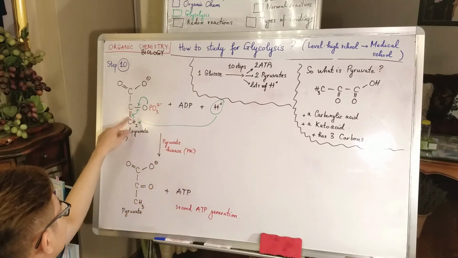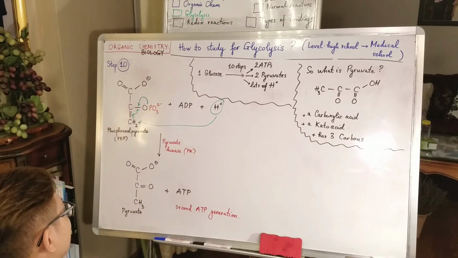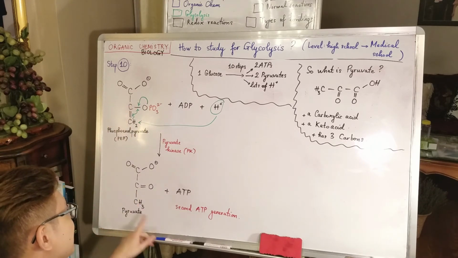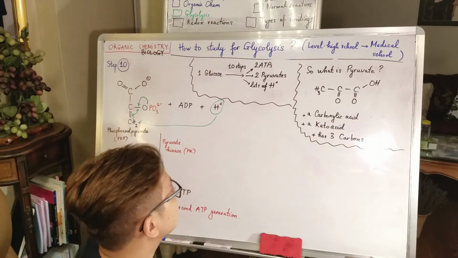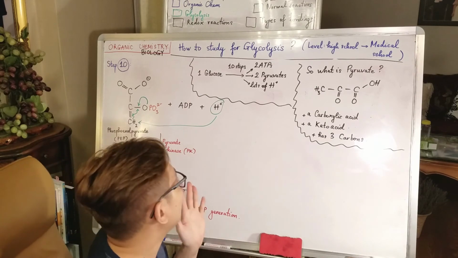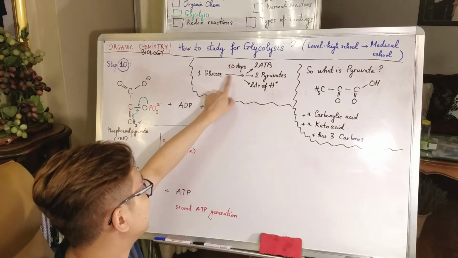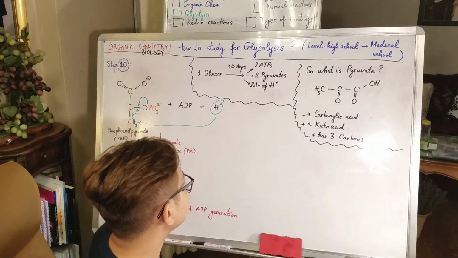Okay, so this one here and then the electron freely moves into here and becomes a double bond. Okay, this is pyruvate. Exactly the same thing that I told you in the last episode. So from 1 glucose molecule you can create 2 pyruvates and then 2 ATPs.